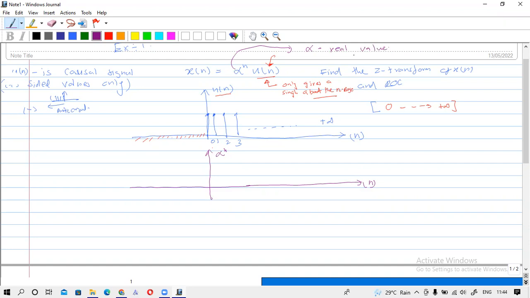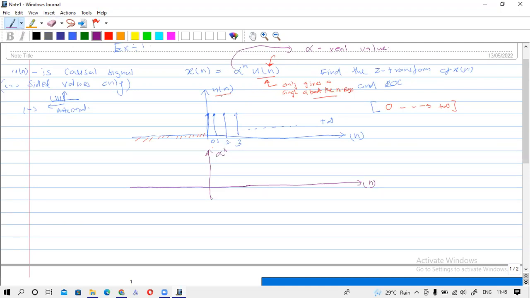I will explain why I tell it as a real value. Can you imagine what if this alpha is an imaginary value? What is the impact? Can anyone imagine? Okay, I'll tell you.